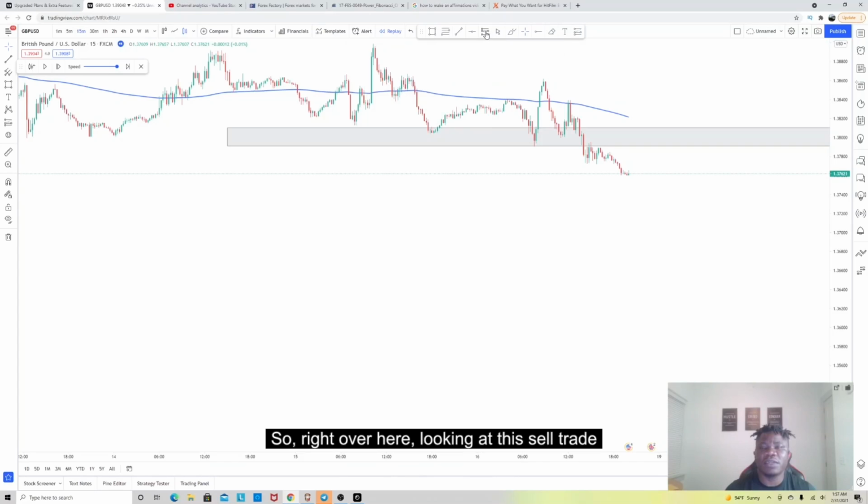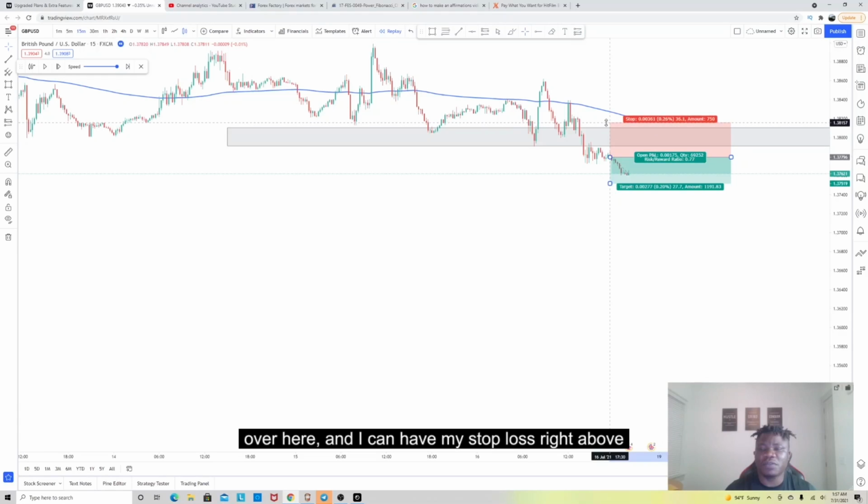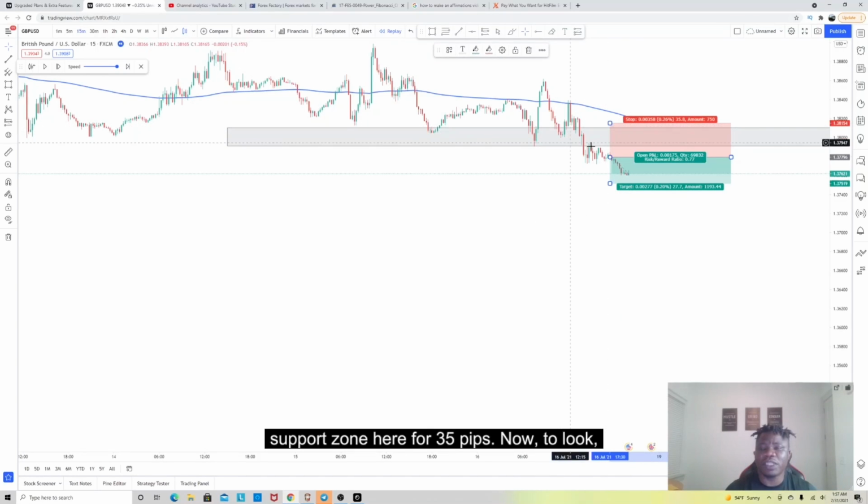Looking at this sell trade, I would have had my entry right over here. I can have my stop loss right above this previous support zone, or above my 200 EMA, but we'll just have it right above our support zone here for 35 pips.